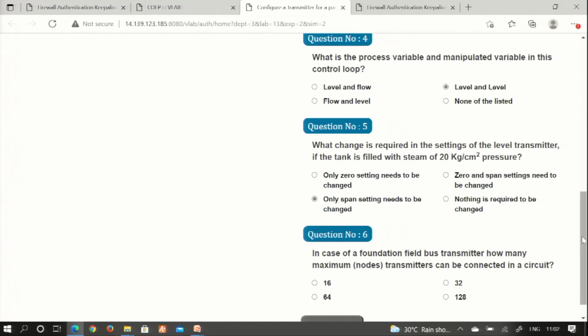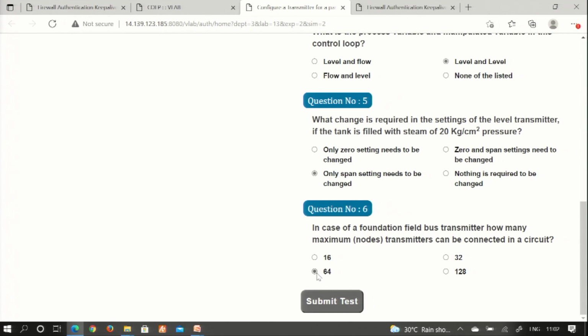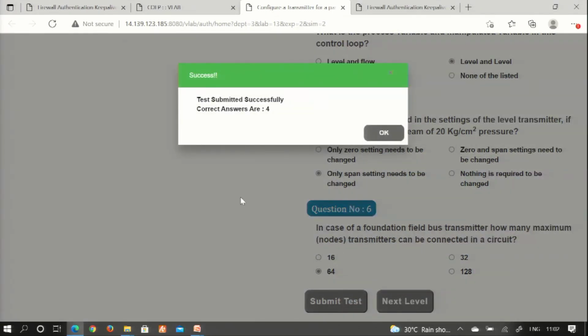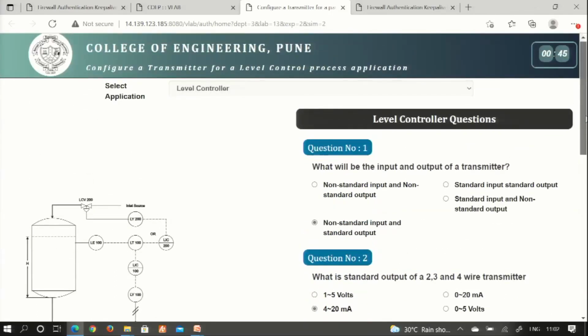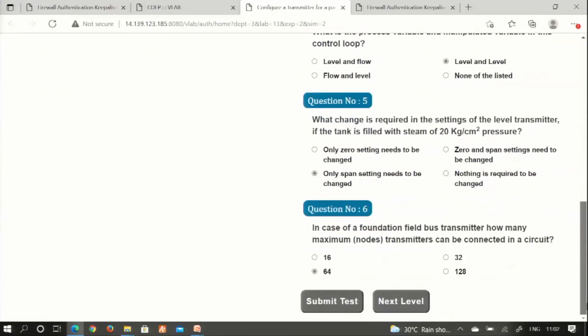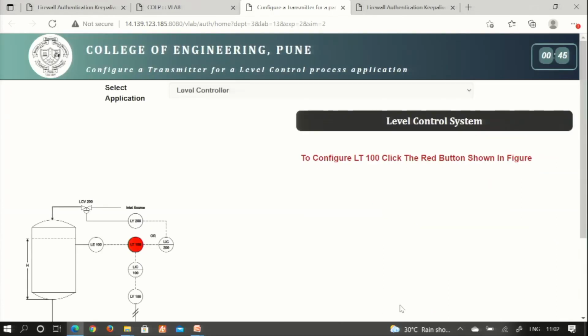Then he will click on some aspects and submit the test, and out of 6, 4 answers are correct. Immediately the result would be given, and the student would be told that you have done this test, and after completing the test you are allowed to go for the next level.